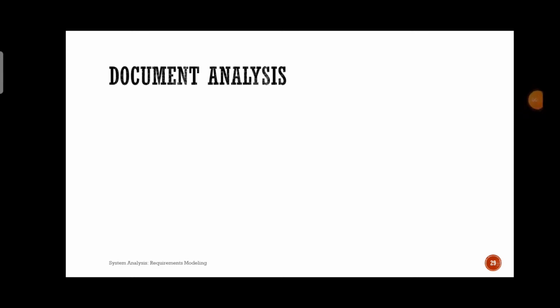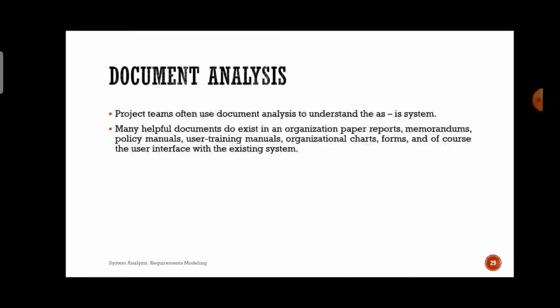Next is document analysis. Project teams often use document analysis to understand the as-is system. Many helpful documents exist in an organization: paper reports, memorandums, policy manuals, user training manuals, organizational charts, forms, and of course the user interface of the existing system.